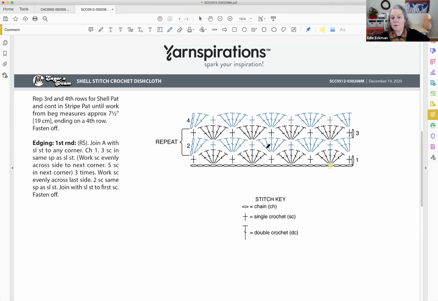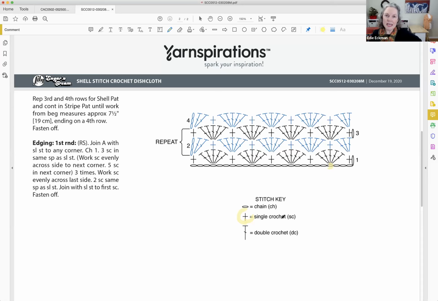You do have to remember, though, if this were published in England, the definition for this symbol right here would say double crochet. You would still make it by inserting your hook, doing a yarn over, pulling up a loop, yarning over and pulling through two.